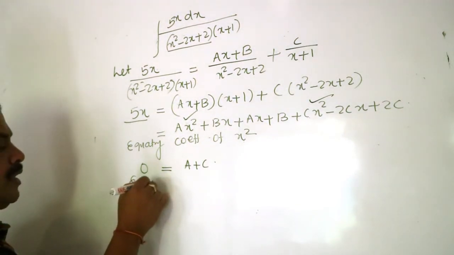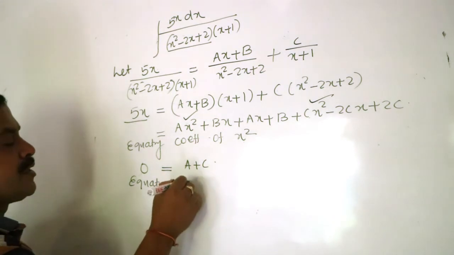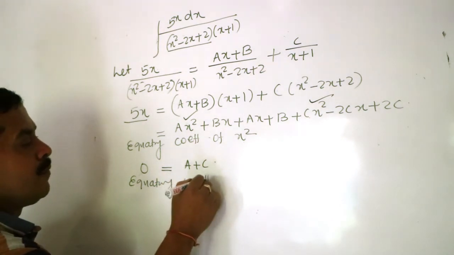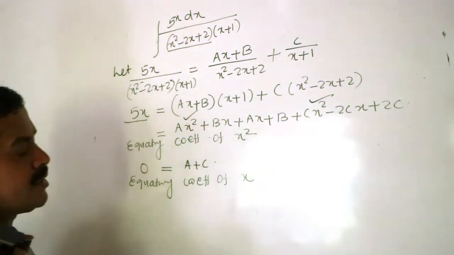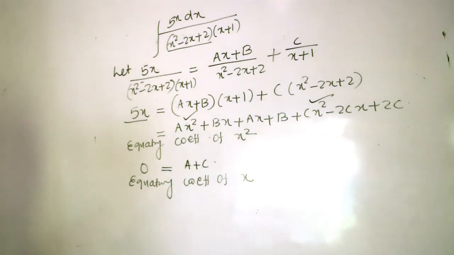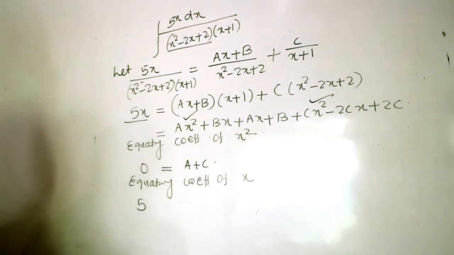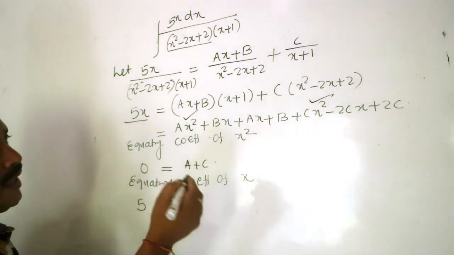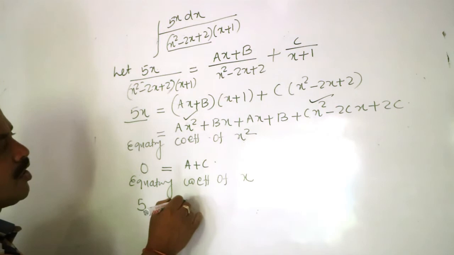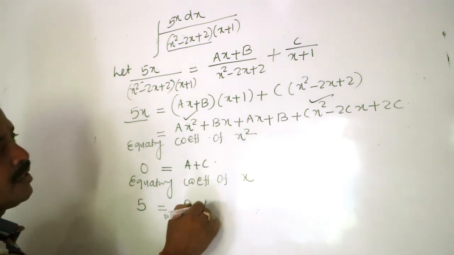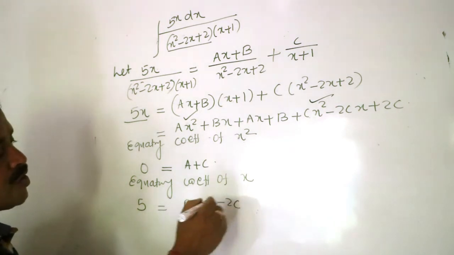Then equating the coefficient of x on both sides. On the left hand side the coefficient of x is 5, but on the right hand side the coefficient of x is b plus a minus 2c.